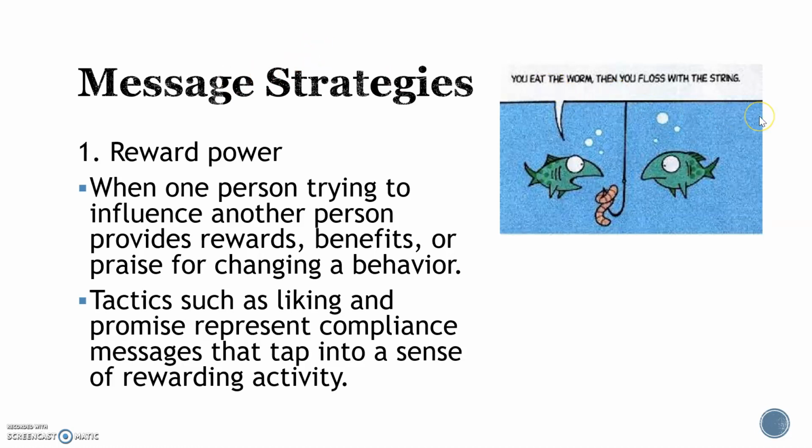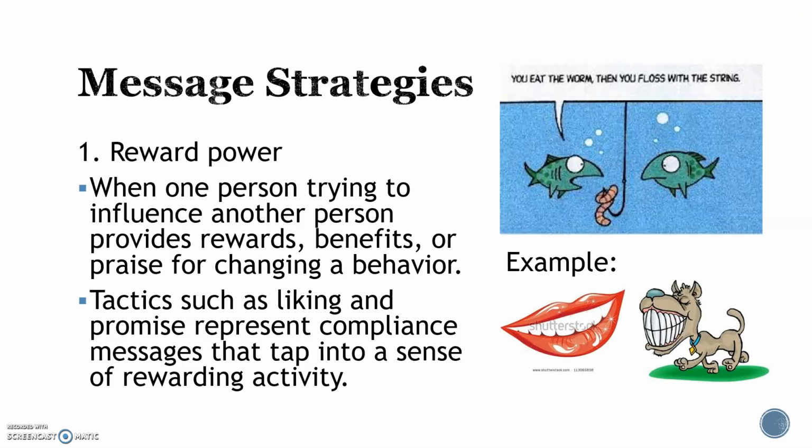So let's say here I have a target behavior. I want to persuade people to floss their teeth after dinner, after lunch. If I'm going to use reward power, how would my message look? Well, basically, I'm going to present you the reward you may get from adopting the recommended behavior, in our case flossing your teeth.